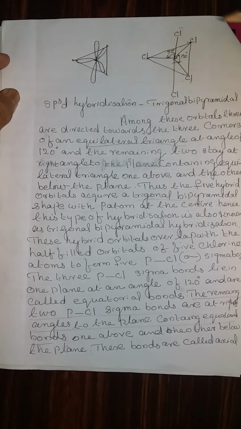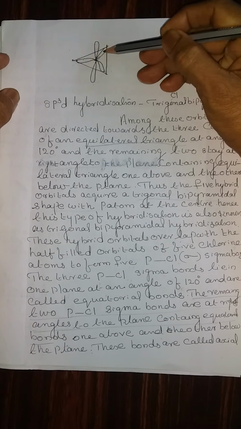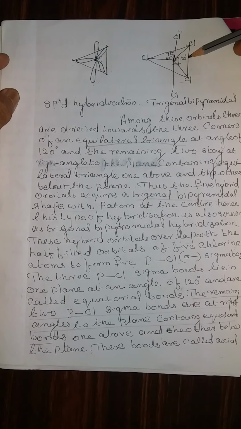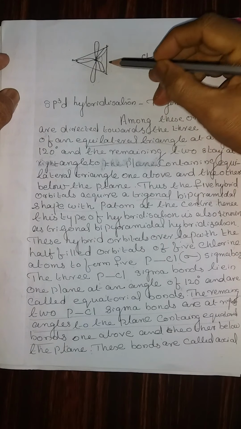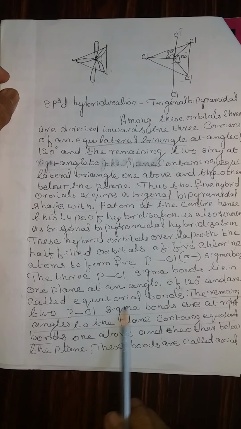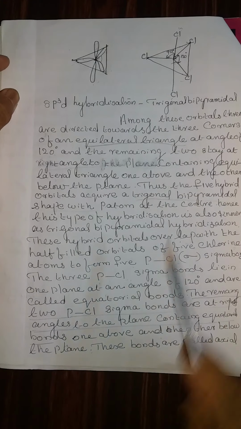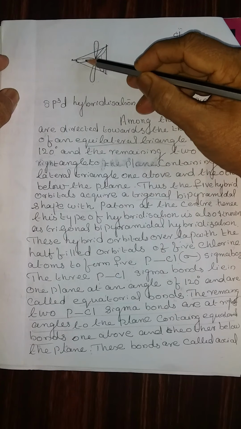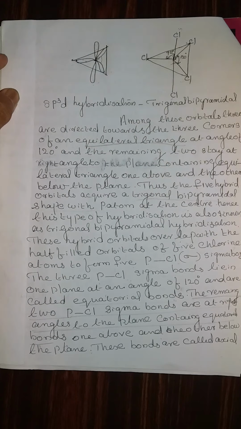Therefore, these 3 orbitals, 1, 2, 3, have an angle of 120 degrees, and these are known as equatorial bonds. We'll explain this once again. Equatorial bonds means 1, 2, 3.